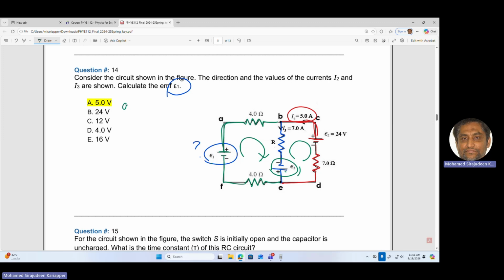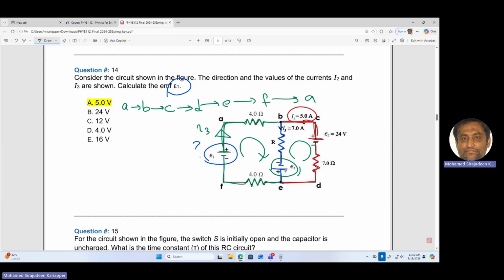That means you start from A, go to B, go to C, go to D, and go to E, and go to F, and come back to A, the outer loop. In the outer loop, do we know the green current? We don't know, but we can find it.